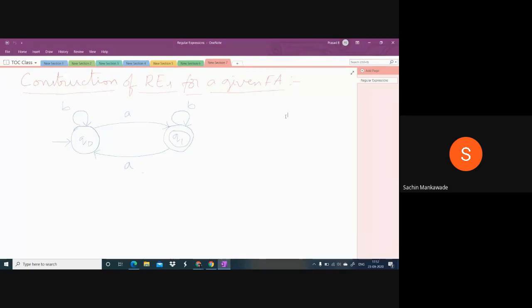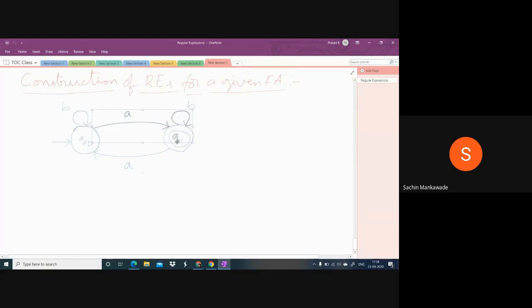Now, look at this. Here it doesn't accept epsilon because the initial state is not final. As long as B is coming, the machine will be in the initial state only, so it doesn't accept B. But if A comes, it goes to the final state. Once it reaches the final state, as long as B comes, it remains in the same state.